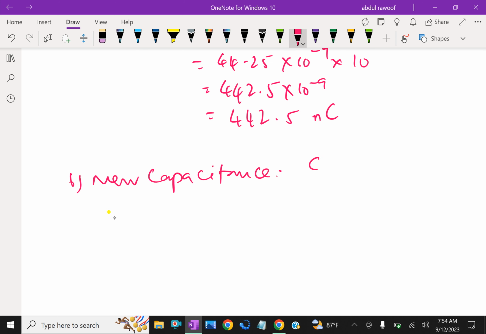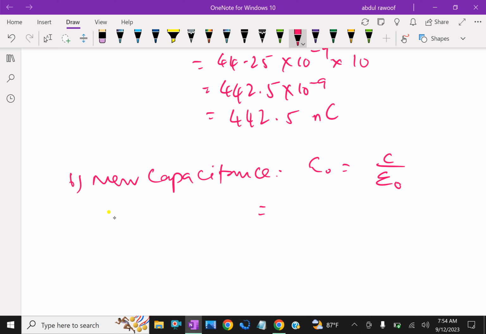C0 equals C over epsilon r, because the dielectric is removed, therefore C0 equals C over epsilon r, because there is air.